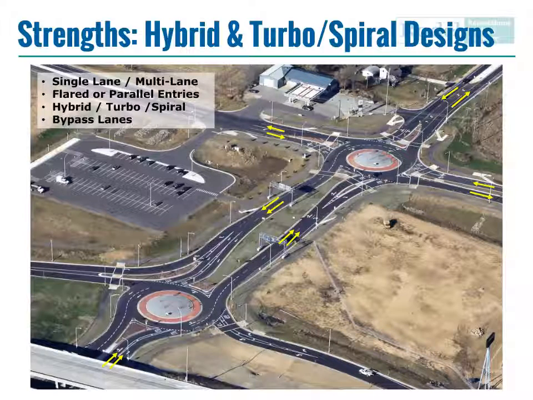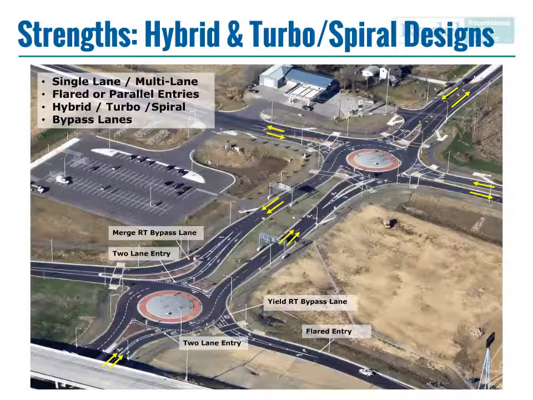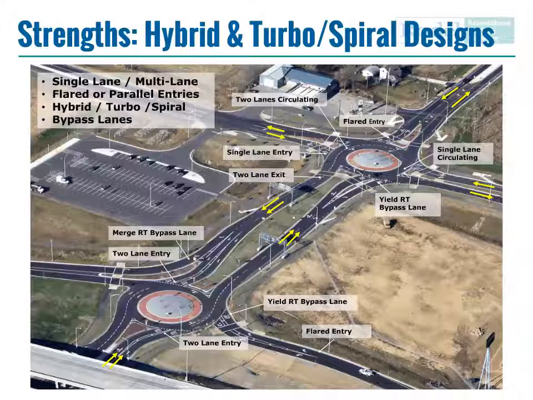And then you can analyze roundabouts in series, and these two roundabouts represent most of the variation in roundabout design, which is to say 2-lane entries fed by 2-lane approaches, flared entries, single-lane entries, all contained within spirals within these two roundabouts. Yield right turn bypass lanes and full bypass lanes.